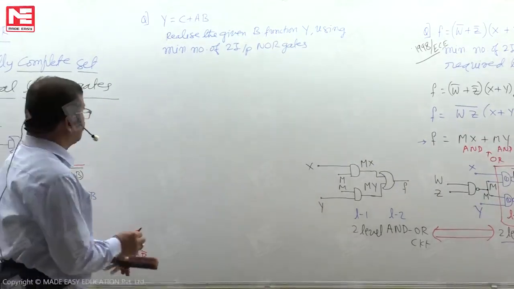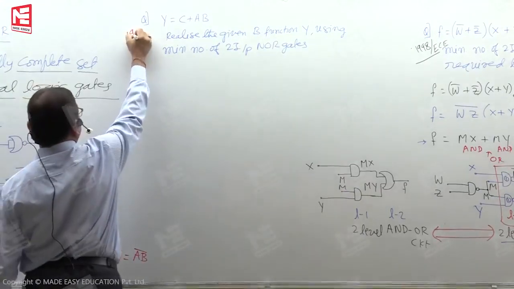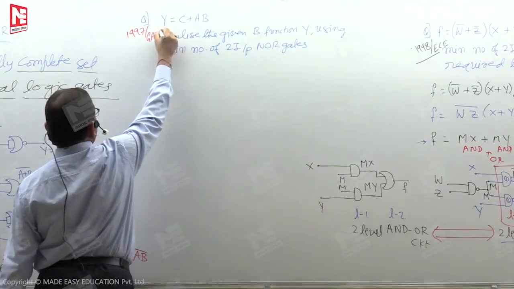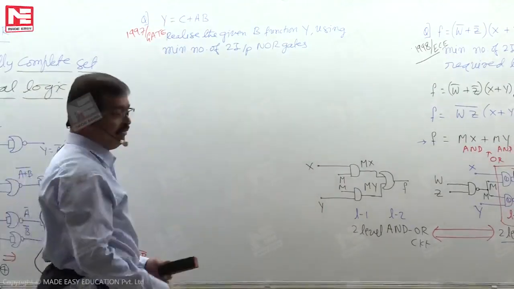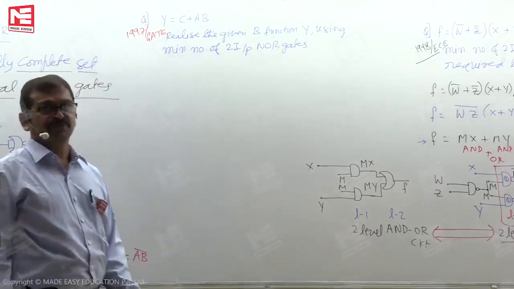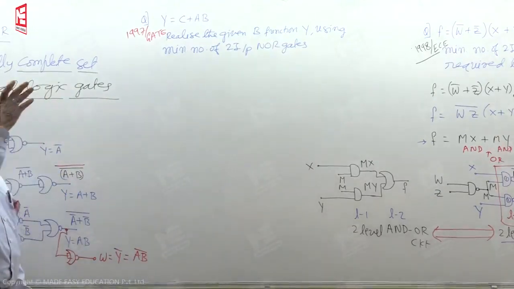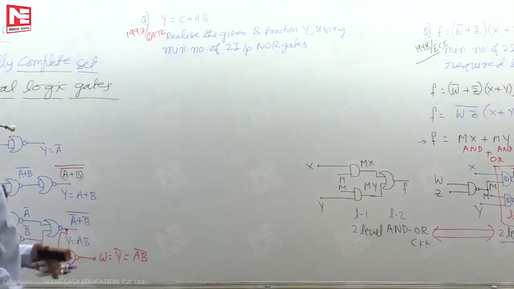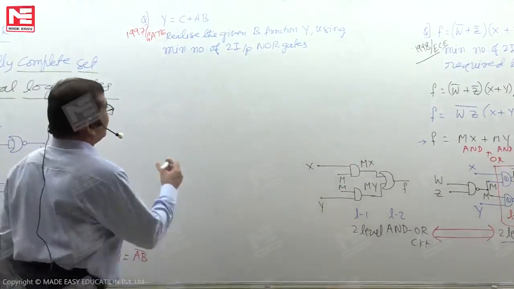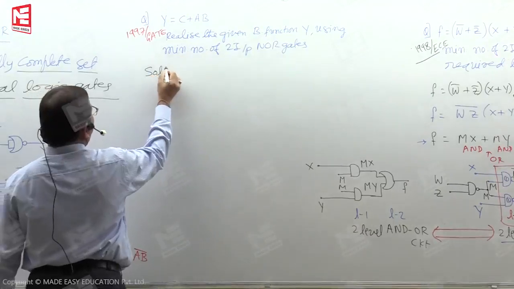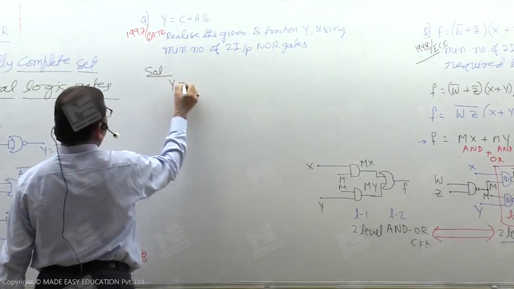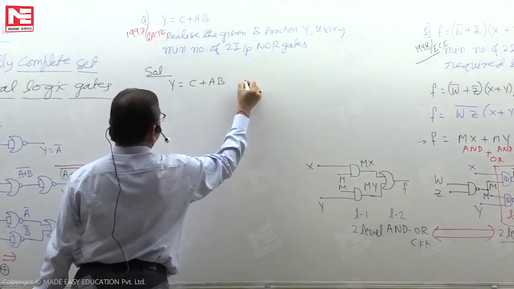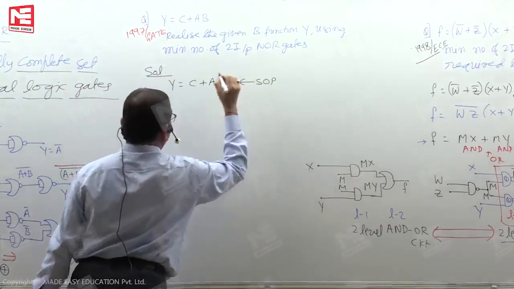It was a question in the 1997 GATE paper. This sort of question may be multiple choice or a fill in the blank numerical question; the present GATE pattern is numerical. So here you can see the given function is in the SOP form.